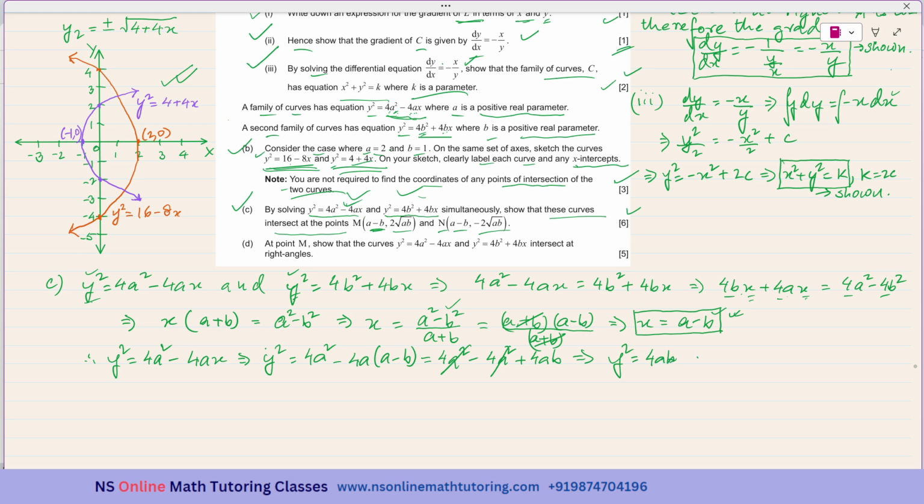Therefore, y equal to plus minus 2 times square root of a times b. Okay.